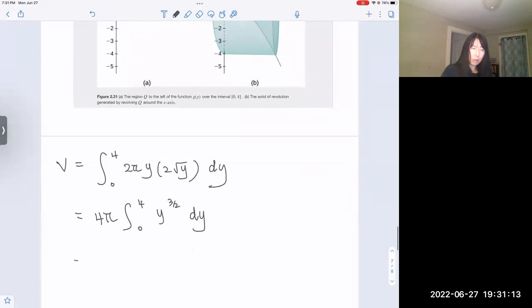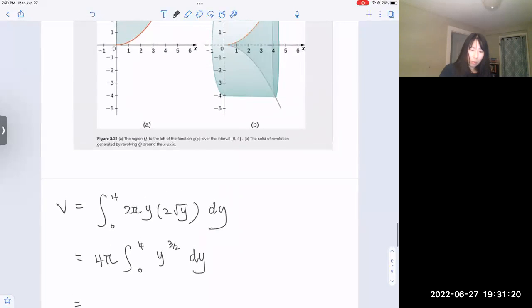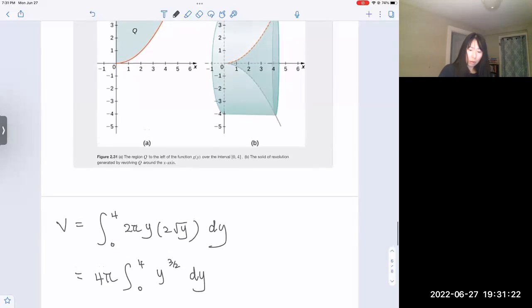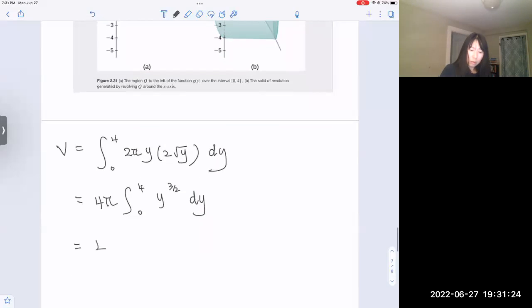Now we have what? Can you integrate this one? Yes. 4 over 5 pi y to the 5 over 2 power. Okay, good.